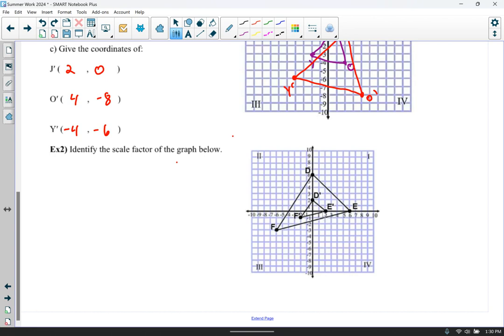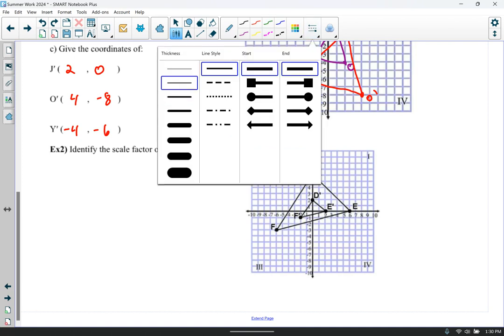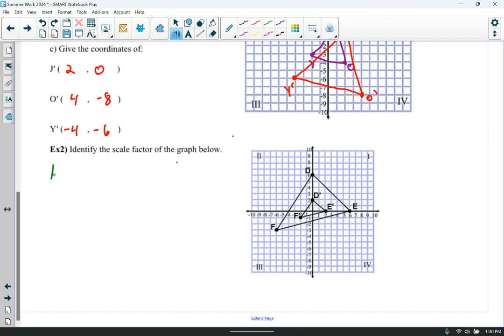Okay. So the other question we could be asked for a dilation is to identify the scale factor or the dilation itself. So we want to remember that our scale factor K is a ratio of the image to the pre-image. So I want to choose a point to use. Like maybe I'll use point F, okay, and F prime. So I'll get the coordinates of F, (-6, -3).